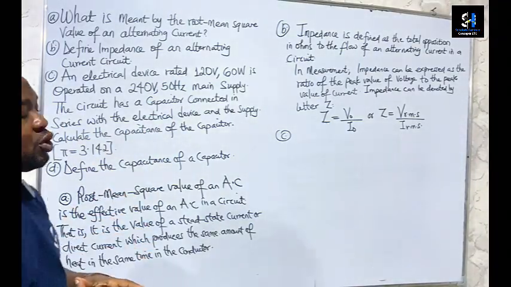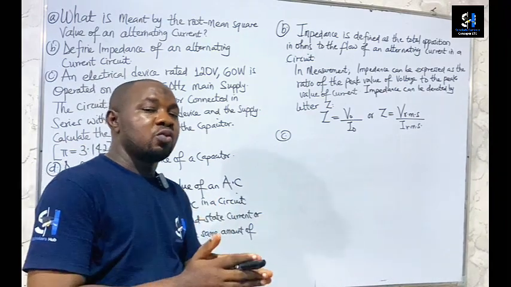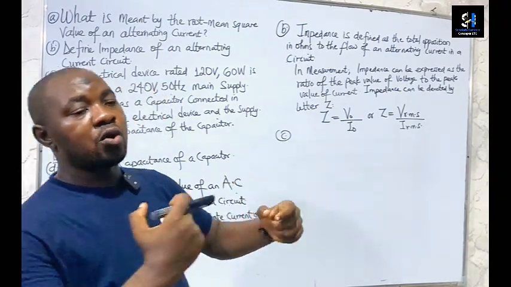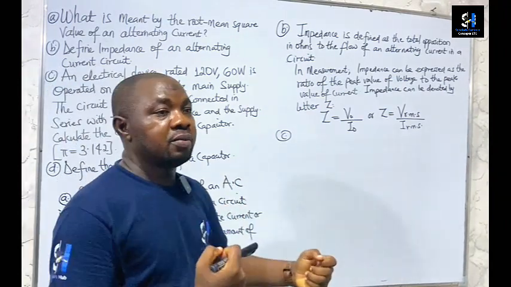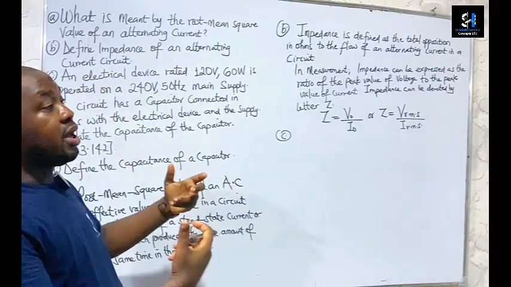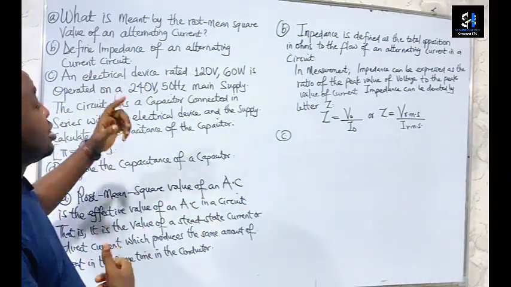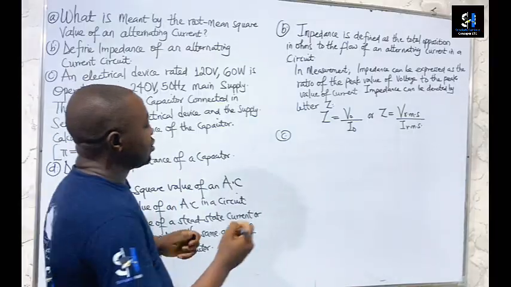The first thing is we need to calculate the current drawn from the main by the device, that's the rated current. Let me call it the rated current.